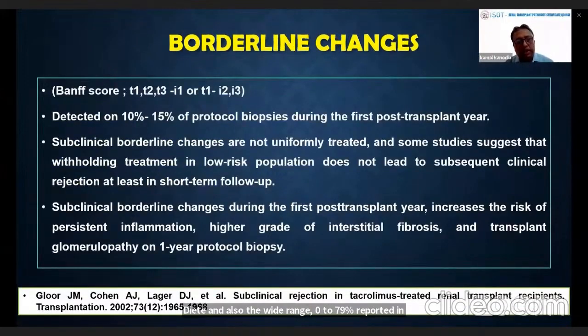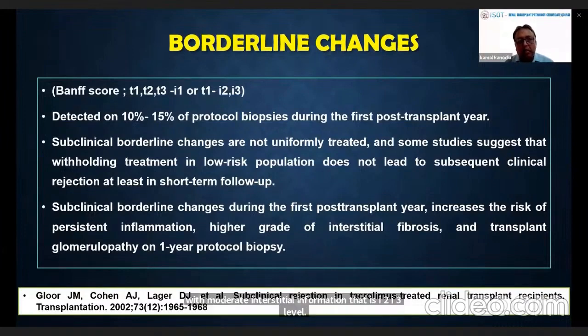Now coming to the borderline changes. According to the Banff classification, borderline rejection means there is tubulitis with interstitial inflammation: tubulitis score T1, T2, or T3 with mild interstitial inflammation, I1 level, or tubulitis at T1 with moderate interstitial inflammation, that is I2, I3 level.